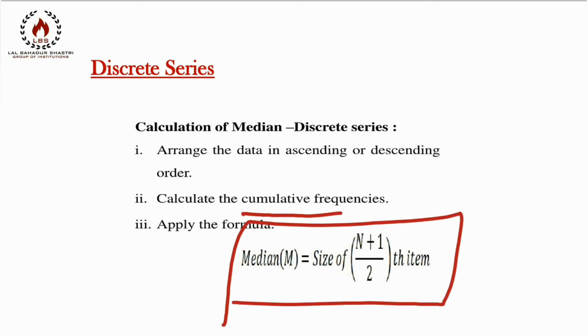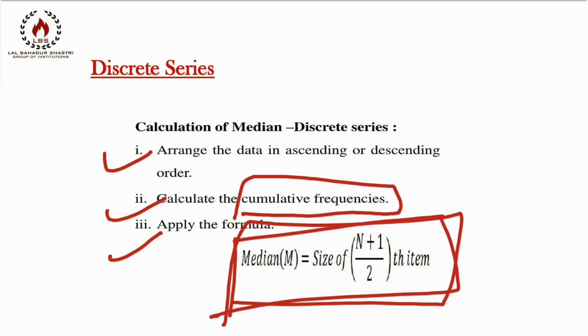And there is one more thing, that is cumulative frequency. So how will you calculate? First of all, you have to arrange the data in ascending or descending order. Then you have to calculate the cumulative frequency of each of those observations, and then you have to apply this formula. This formula will show you the position of your median.